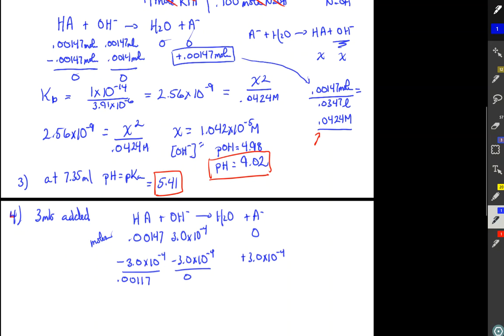Now we are dealing with moles, and yes, you should use molarities for the Henderson-Hasselbalch, but it's the same solution, so the ratio is going to be exactly the same.